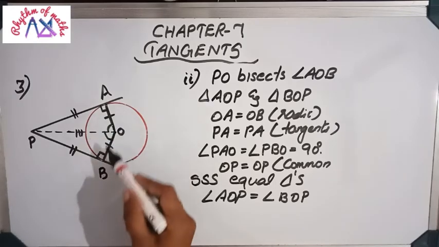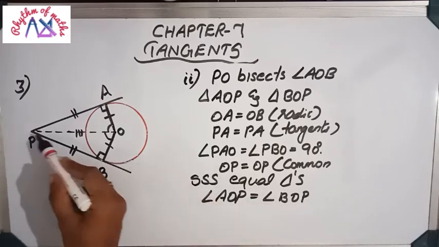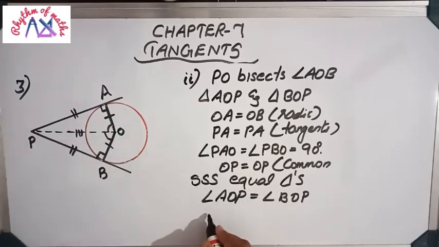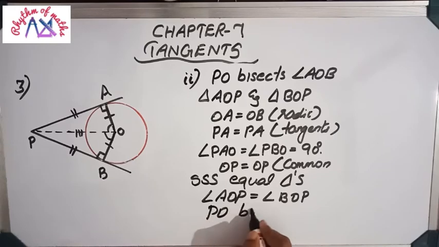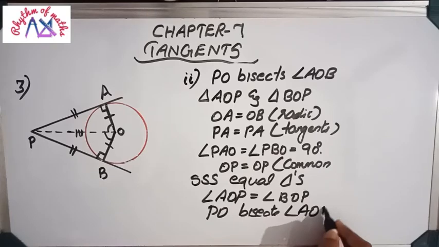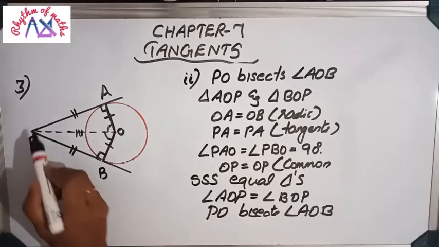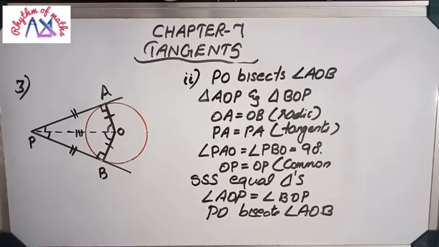Equal means the total angle AOB is divided into two equal angles through this line OP. That means we can say that PO bisects the complete angle AOB, by considering the equal triangle concept. All the sides are equal, therefore the angles opposite to equal sides will also be equal. So this is the second sub question's proof.